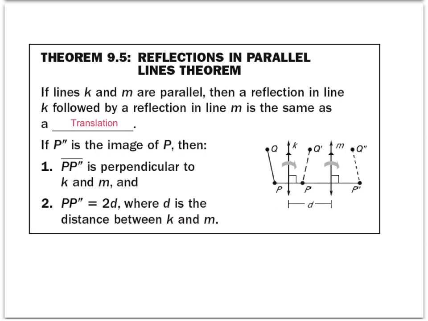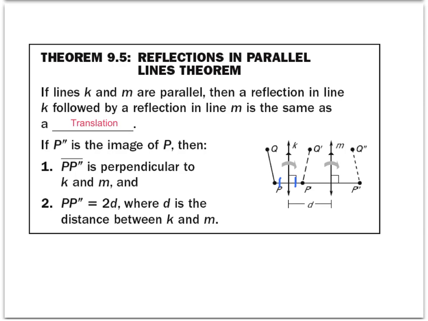Second, the segment formed from P to the image P double prime has to be 2 times, or twice, the distance between these two parallel lines. Why this makes sense is the distance from P to K should be the same as the distance from P prime to K by the properties of reflection.